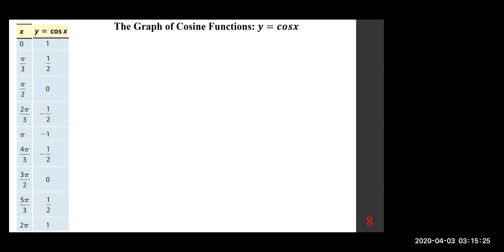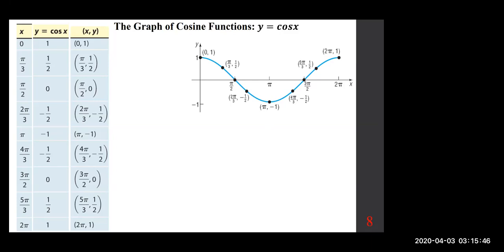Just for the sake of argument, notice cosine of 2 pi over 3, class. You use pi over 3 and then you pay attention to the sign. The value is the same as 1/2, but in the second quadrant cosine is negative. And that's up to you to remember that. So those are the pairs, and here's the graph.